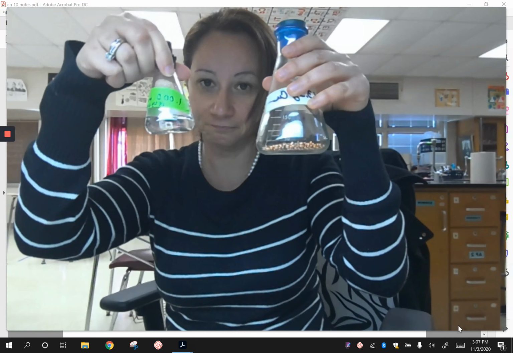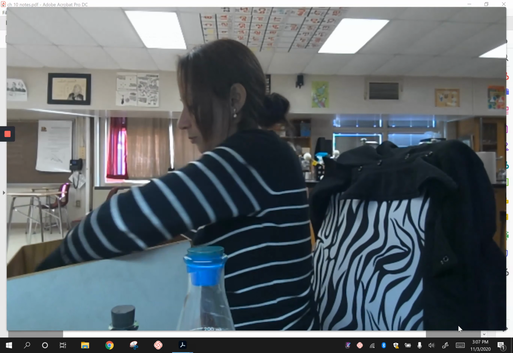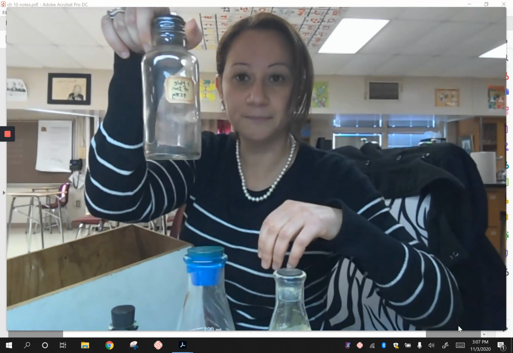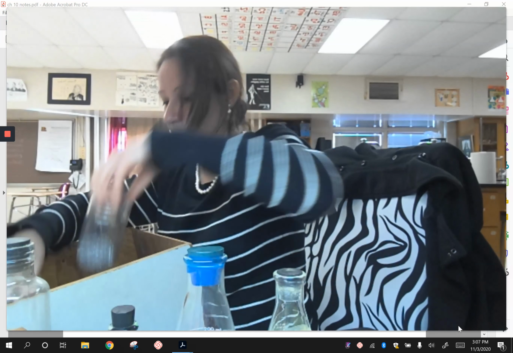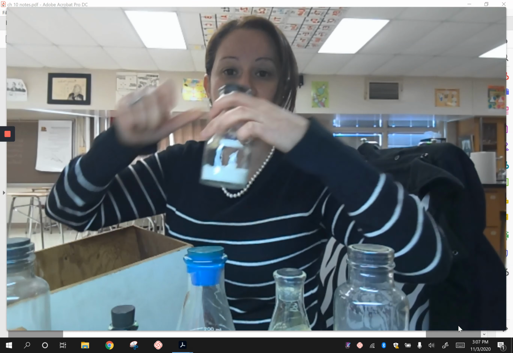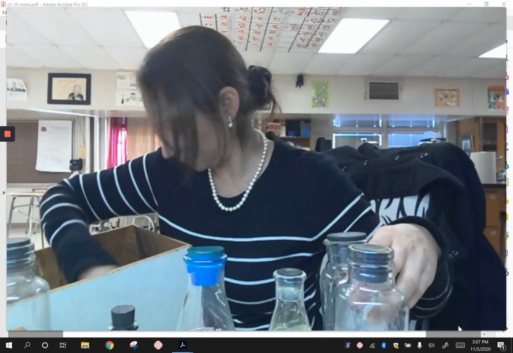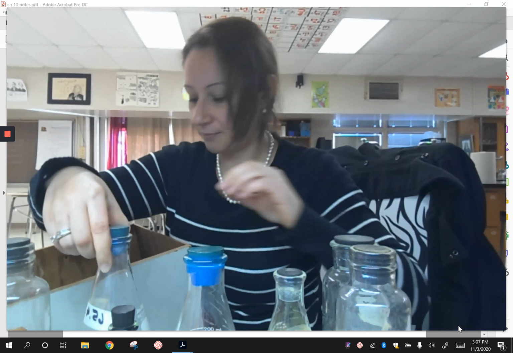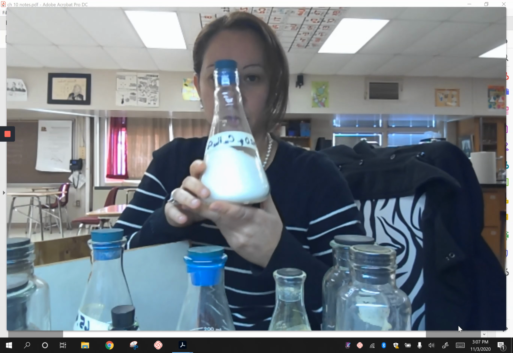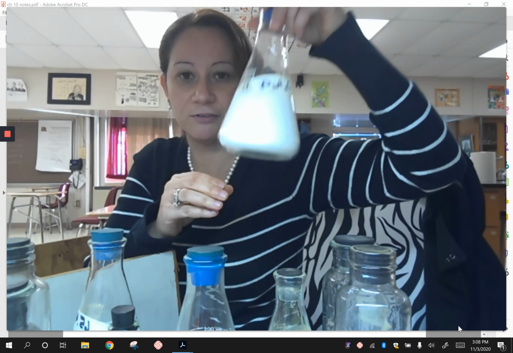I have a mole of copper right here. Very different, right? I have a mole of sulfur, a mole of iron, a mole of chromium, a mole of salt, NaCl, a mole of zinc, a mole of carbon, and a mole of sucrose, sugar, table sugar, C12H22O11.